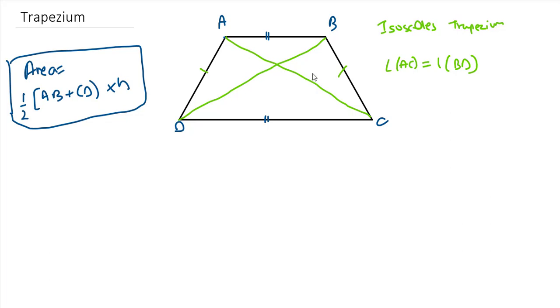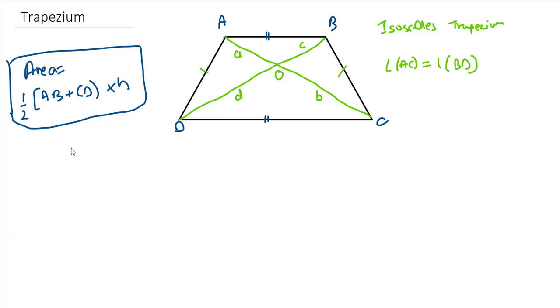If you notice, these diagonals are lying between two parallel lines. Therefore, they will be divided into equal ratios. So let's say this point is O, and AO is a, OC is b, OB is c and OD is d.